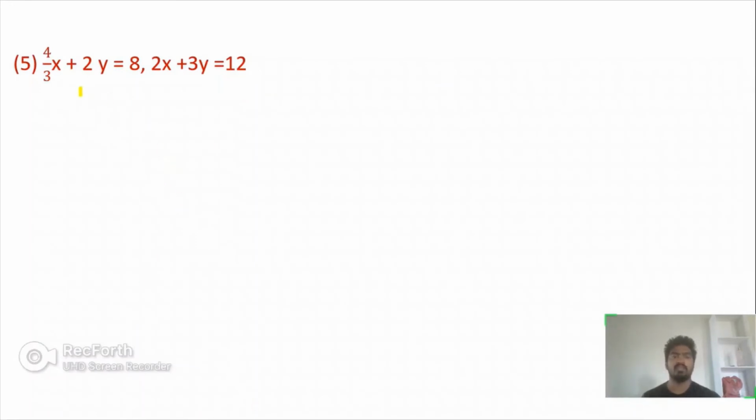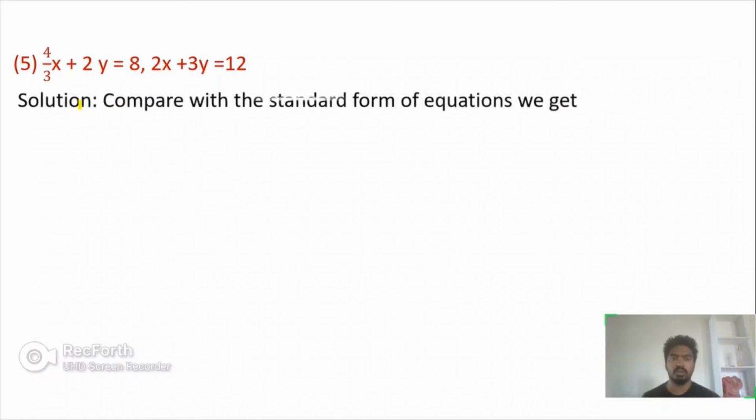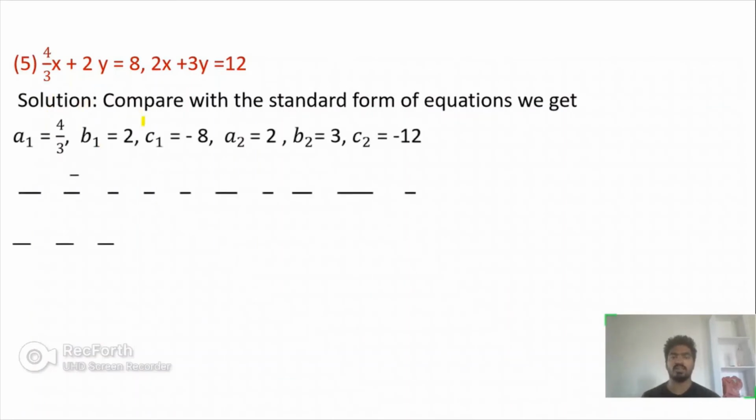So, when you compare the first equation with a1x plus b1y plus c1 is equal to 0, we get a1 as 4 by 3, b1 is equal to 2 and c1 is equal to minus 8. Again, for the second equation, if we compare it with a2x plus b2y plus c2 is equal to 0, then we get a2 is equal to 2, b2 is equal to 3 and c2 is equal to minus 12.